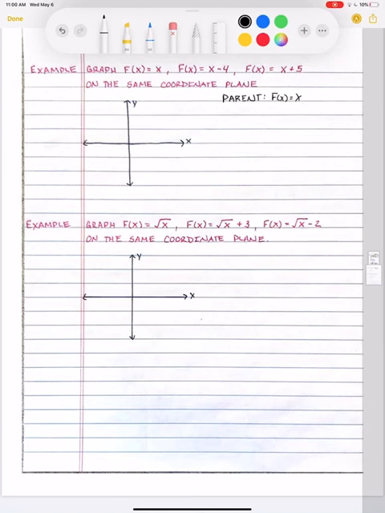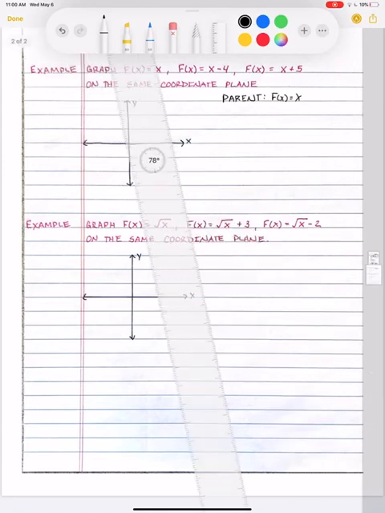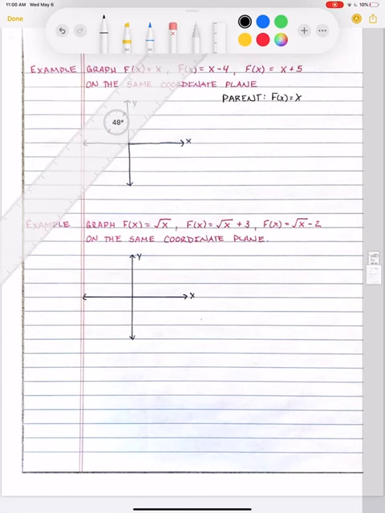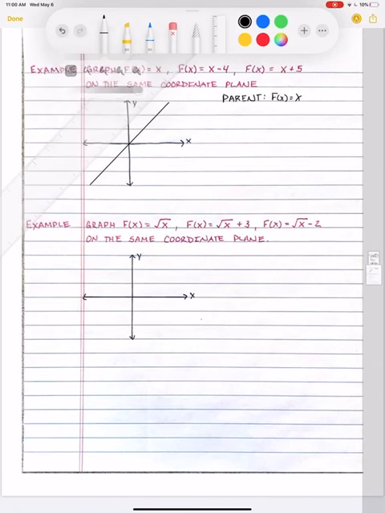I'm just going to use a ruler to help me out here real quick. And I'm going to label my graph f of x equals x.